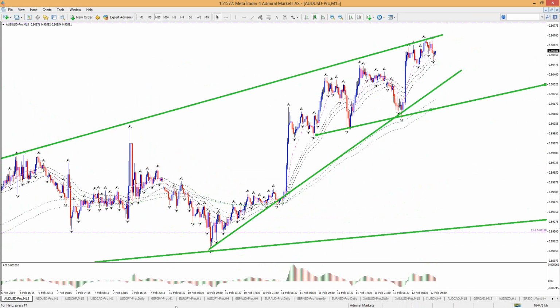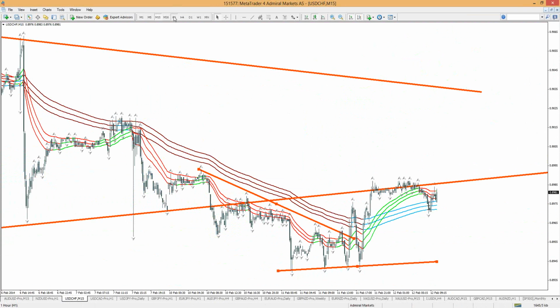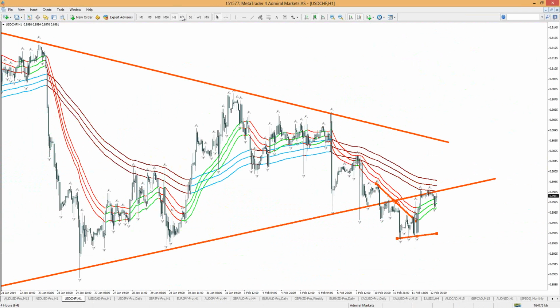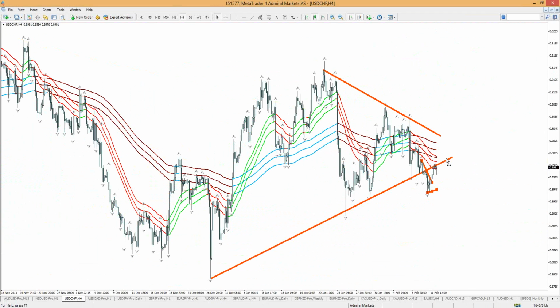See dollar Swissy. I don't like the dollar Swissy at the moment, to be honest. It broke out of this triangle, but now it's back in the triangle. Kind of wacky. Moving averages are pointed down.